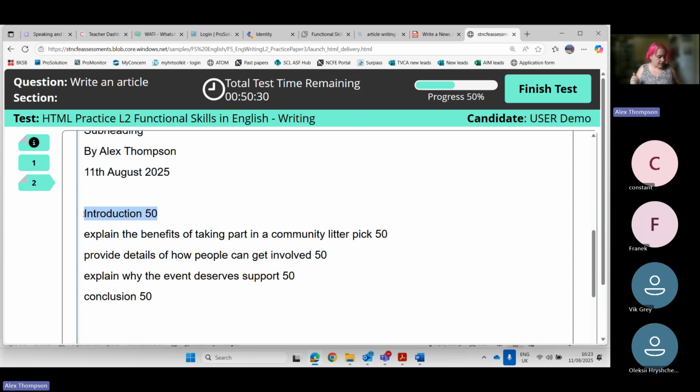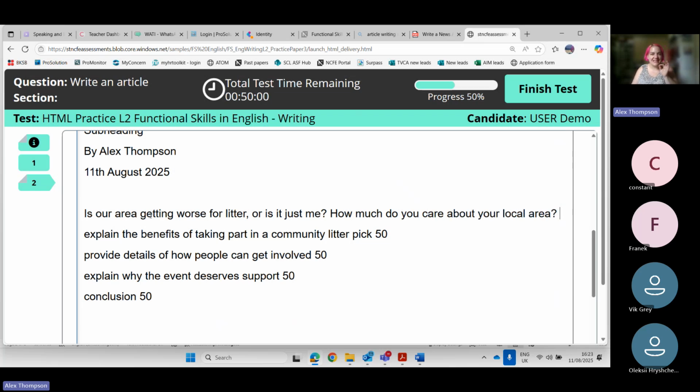So something along the lines of, is our area getting worse for litter, or is it just me? What alternatives could we have? We could also have something like, how much do you care about your local area?